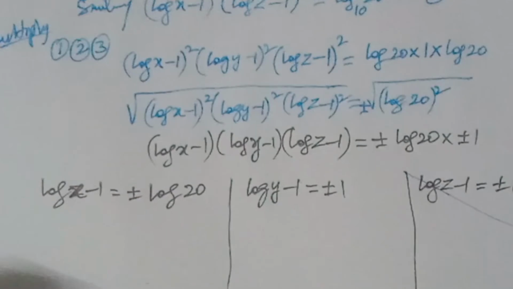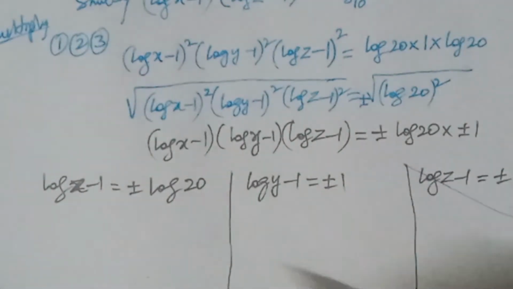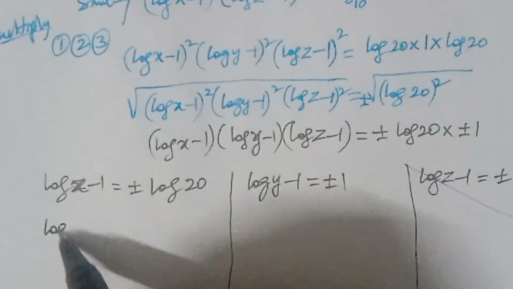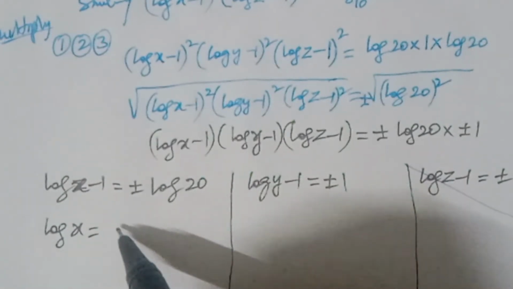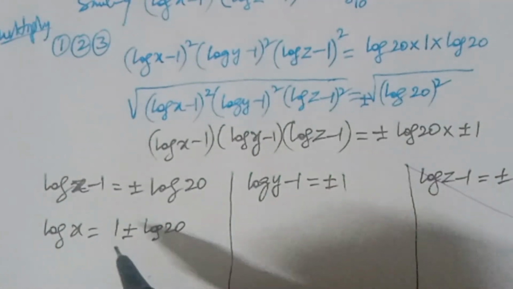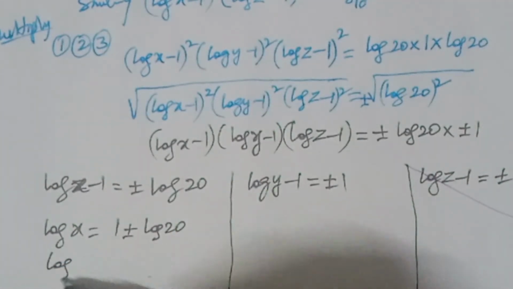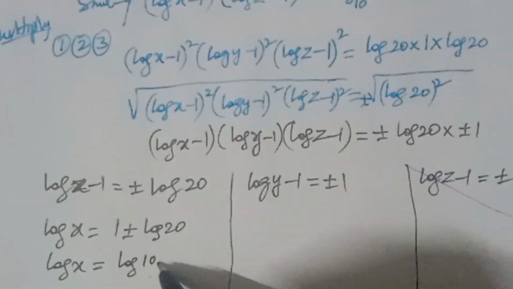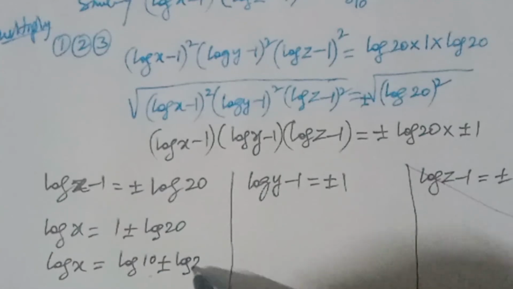So you are taking all the three values. So here log x minus 1 equal to plus or minus log 20. Log x is equal to 1 plus or minus log 20. So here you can take log x is equal to log 10 base 10 plus or minus log 20.